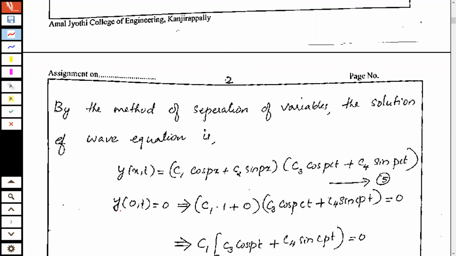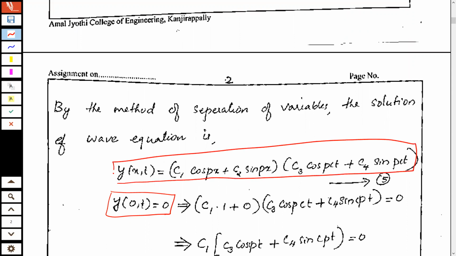First, let us take the condition that y(0,t) = 0. The solution obtained from the method of separation of variables is y(x,t) = (c1 cos px + c2 sin px)(c3 cos pct + c4 sin pct). When we evaluate y(0,t), we substitute x = 0 in this expression.